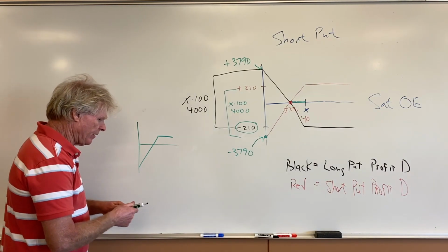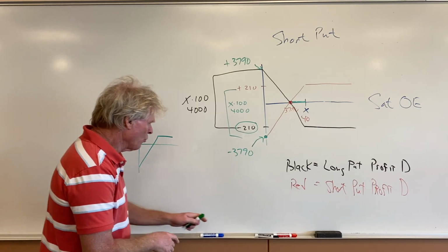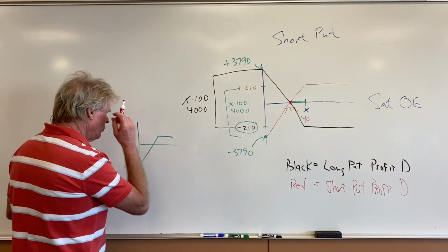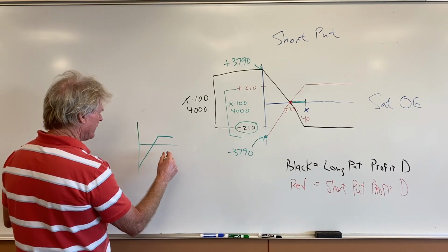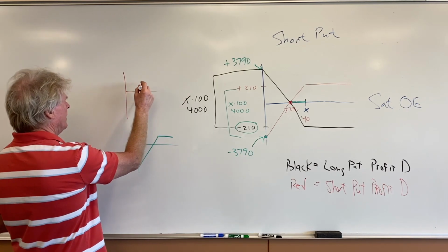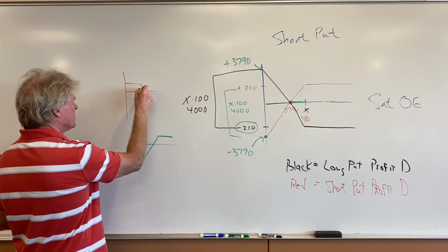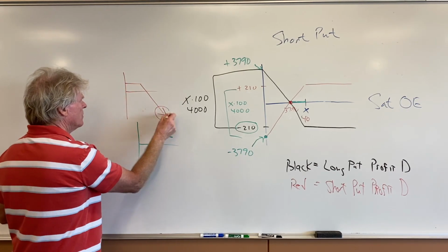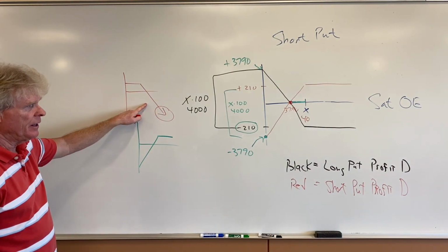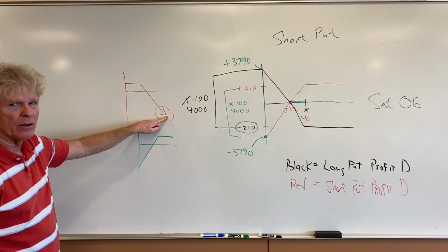On the other hand, when you write a call option, and I'll show it in red, you have a profit diagram that looks like this. I circle that because writing a call indicates the possibility of an infinite loss.